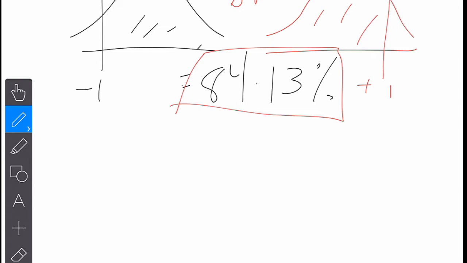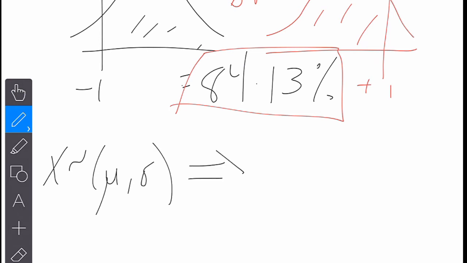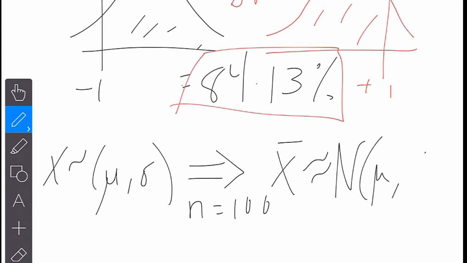The statement is: if x is distributed with a mean of mu and a standard deviation of sigma, as long as, in this case, n was 100, then x bar, the sample means, are approximately normal with the same mean, but it's a tighter distribution. It's much less volatile than the original distribution of the variable.